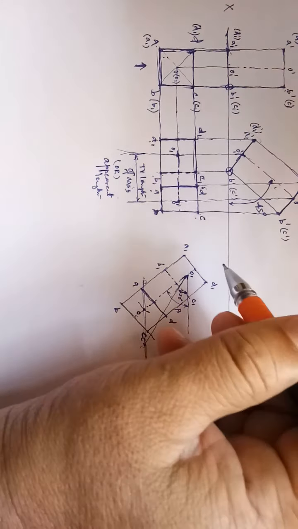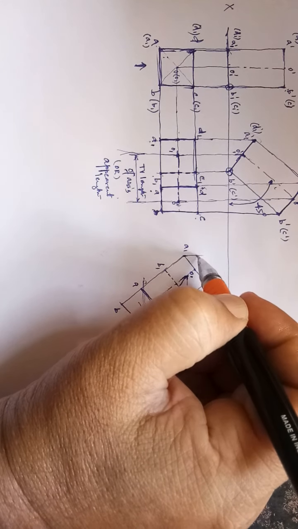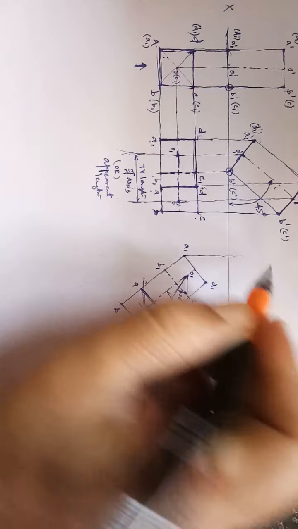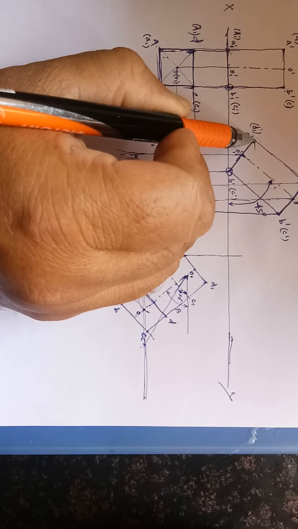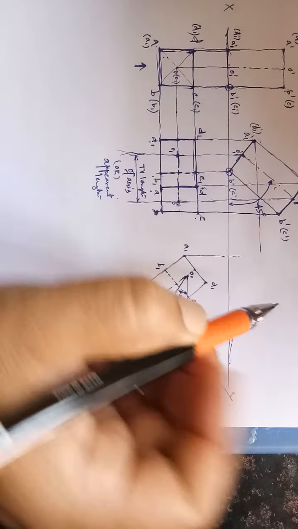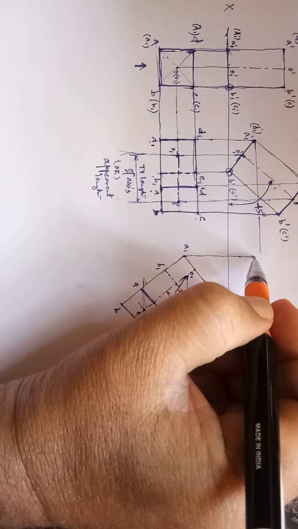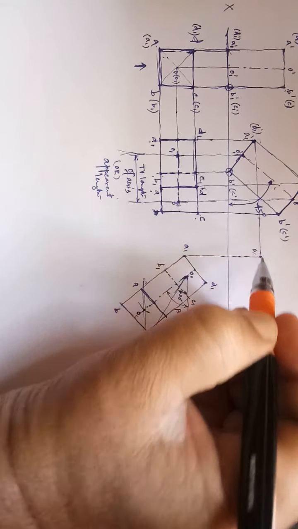Okay, so from A1 draw a vertical projector. Okay, from the previous front view, draw a horizontal projector from A1 dash. The point at which they meet will be your new A1.